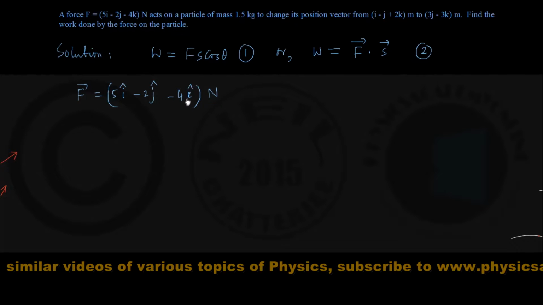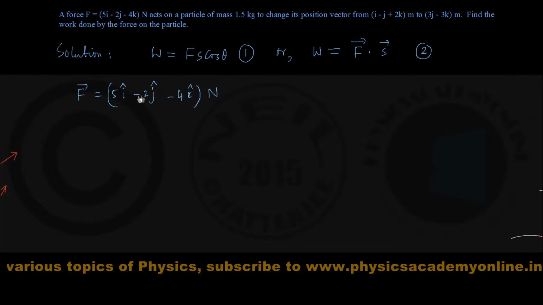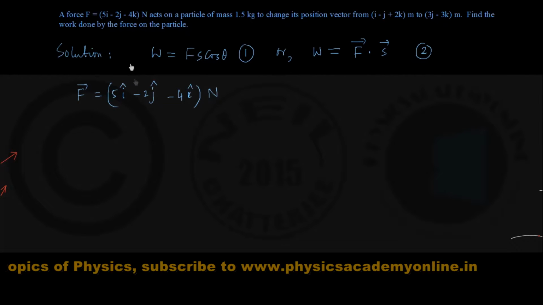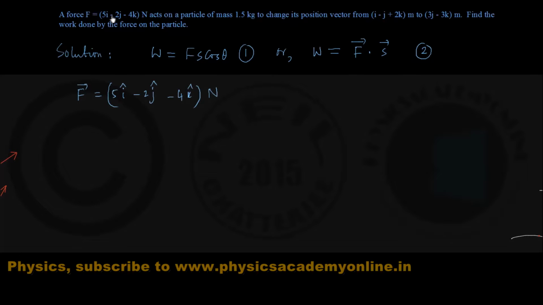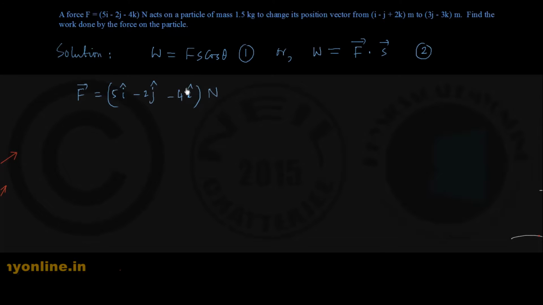This is a problem in 3 dimensions. You write the coefficient of i, j, k in the front with proper sign here, and while in printed books you can see this i, j, k as well as the force are written in bold letters, but in handwritten work you must give this arrow sign on top, or here you have been given the caret symbol, C-A-R-E-T, caret. It's like a cap. That means they are unit vectors. So force is 5i minus 2j minus 4k Newton. Don't forget to write the unit outside this bracket.